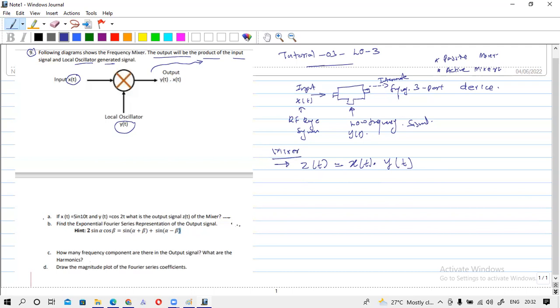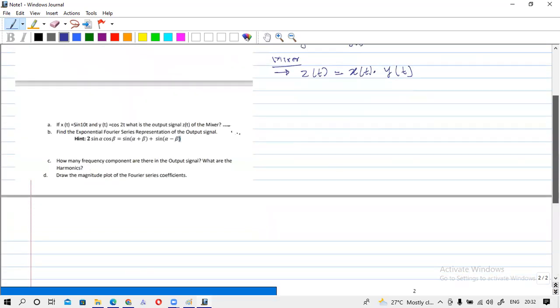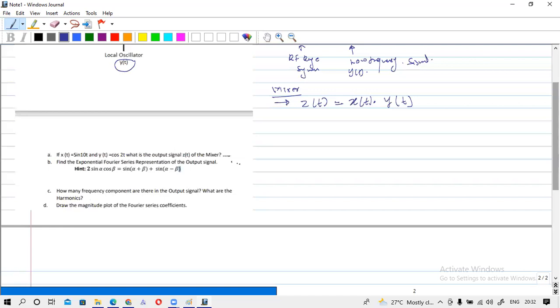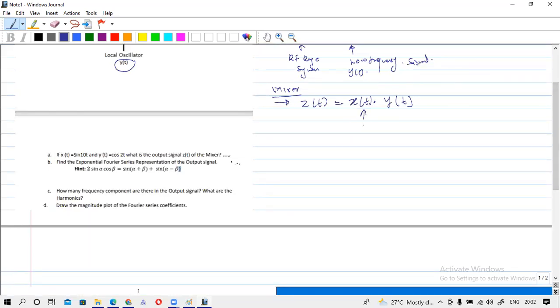It is said that x(t) is a sinusoidal signal, sin 10t, and y(t) is another sinusoidal signal, given as cos 2t.